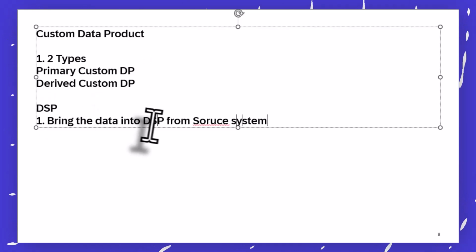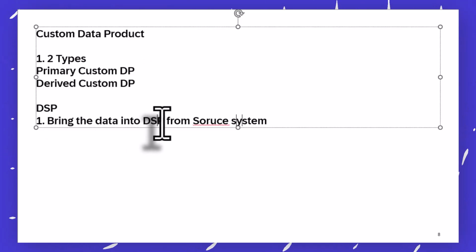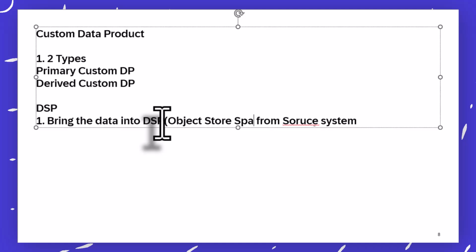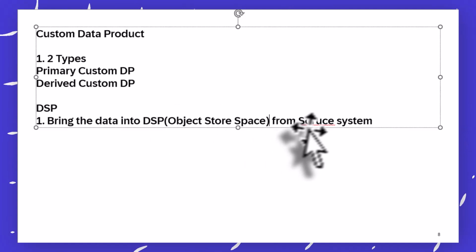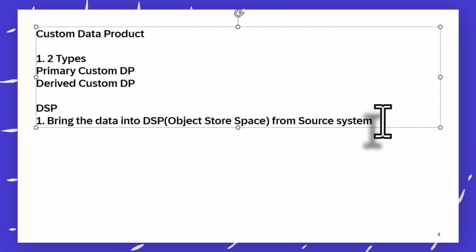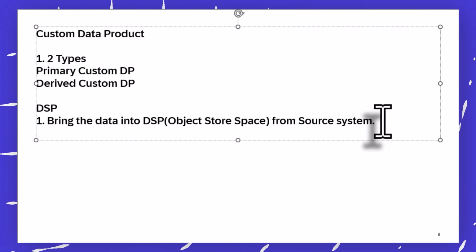Now in the DSP, there is a concept called a space. Maybe I'll explain it in detail later. Just remember there is something called an object store space. Ignore me if there are any spelling mistakes. How to get it?